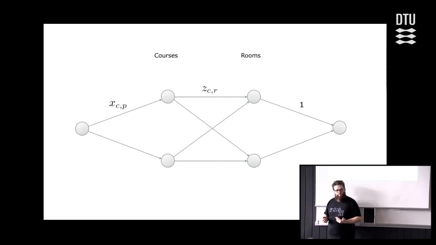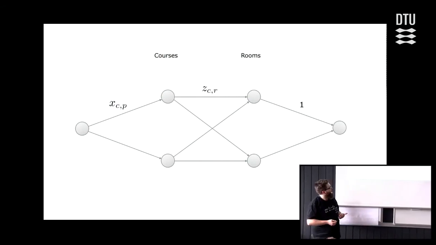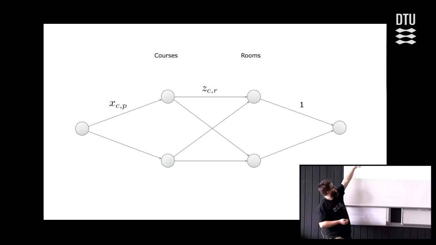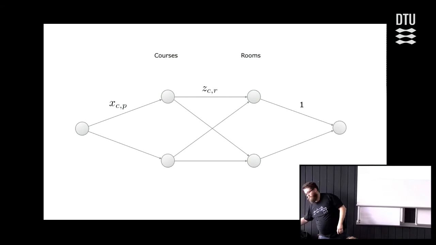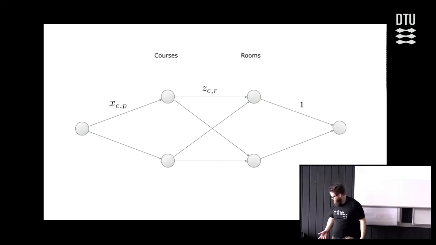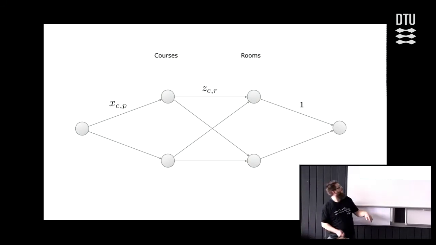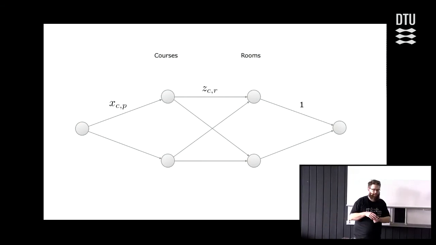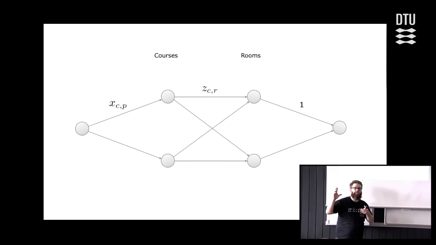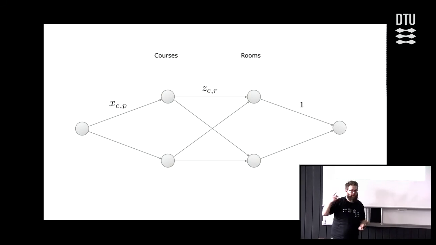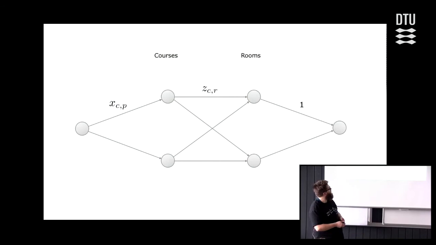So we have a model which is as big as the intuitive model I mentioned before, which generates a binary variable for each course, period, and room.